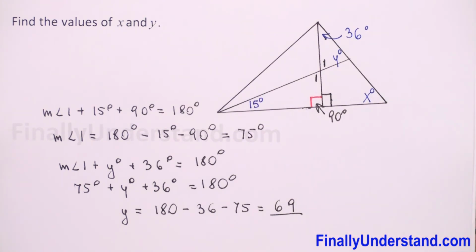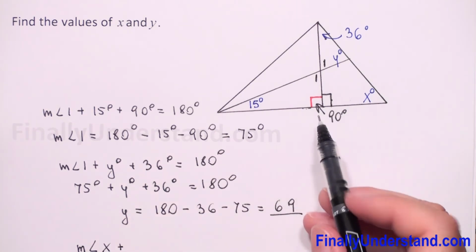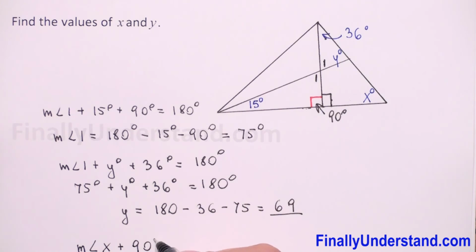So again, we can use the triangle sum theorem, which tells us that the measure of interior angles of a triangle is 180 degrees. So we can write now that the measure of angle x plus this angle, 90 degrees, plus 36 degrees is equal to 180 degrees.